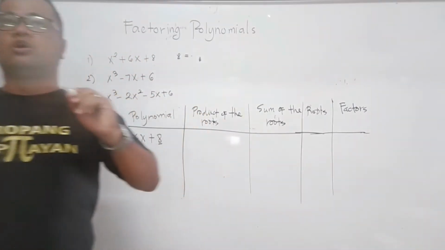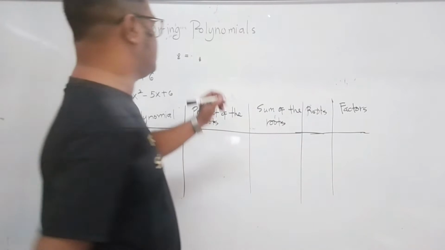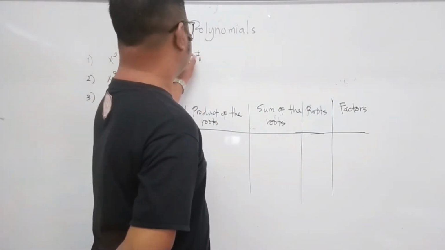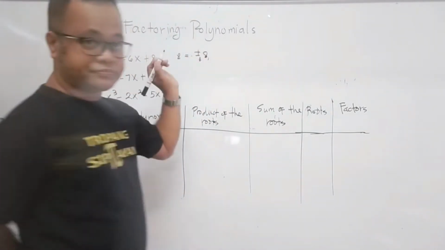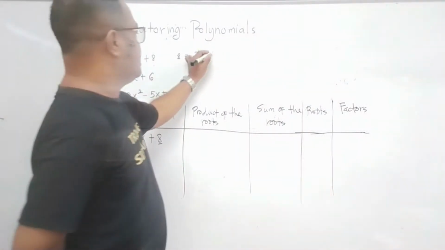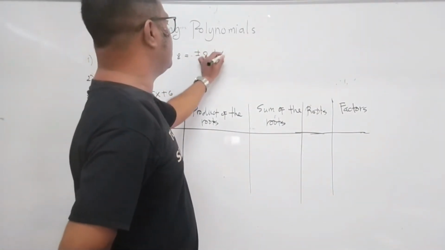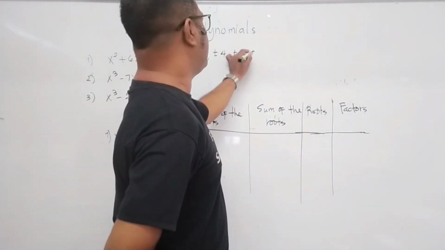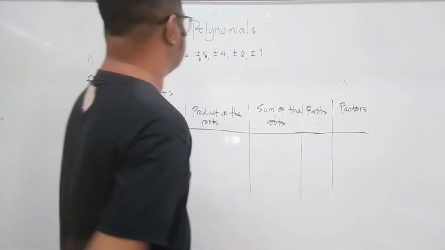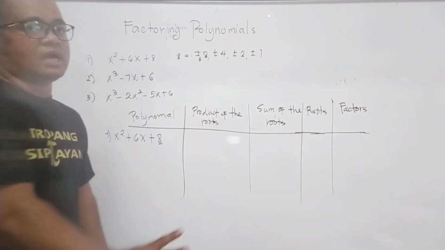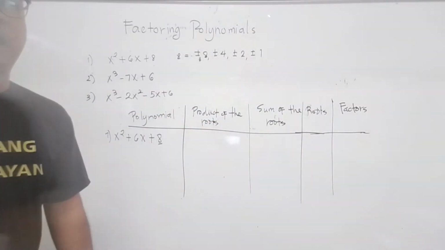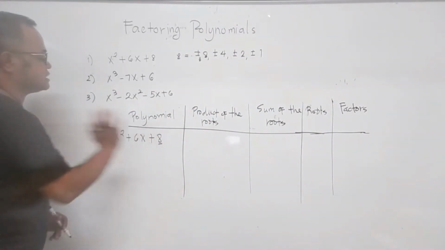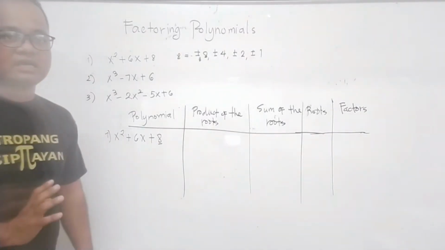Write all the factors of 8. The factors of 8 are positive and negative 8, positive and negative 4, positive and negative 2, and positive and negative 1. Meaning, we have 8 possible factors of this quadratic.